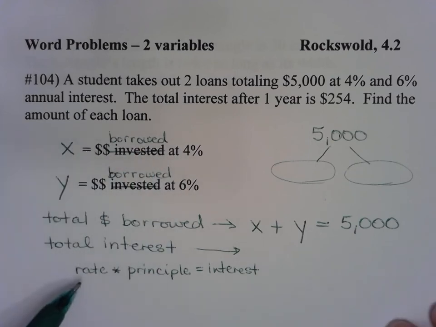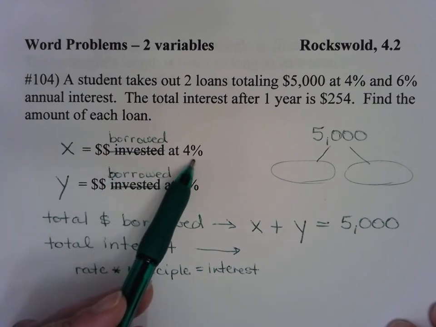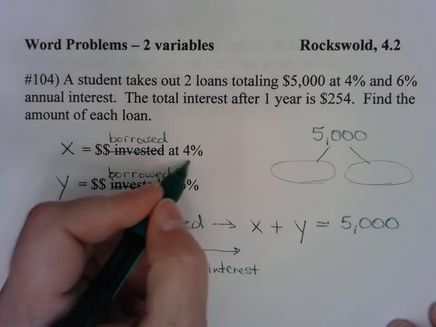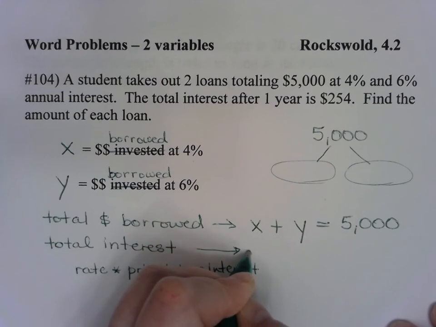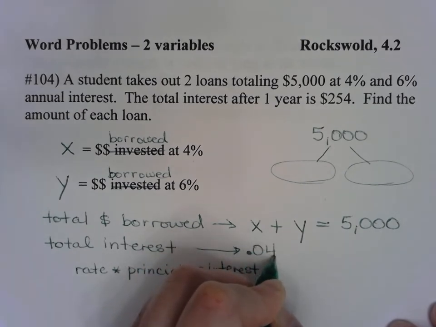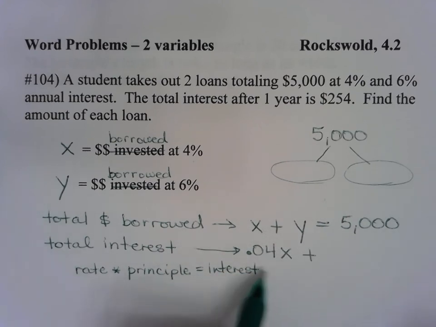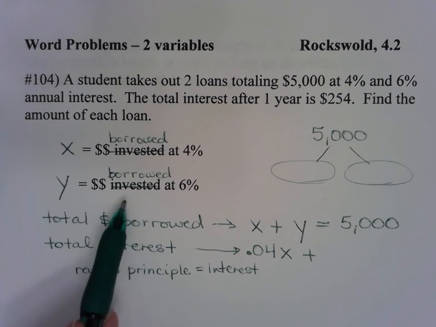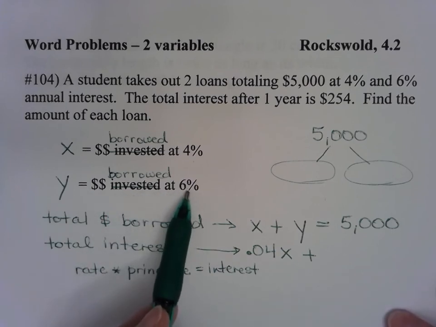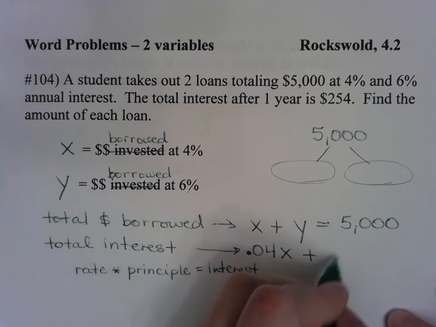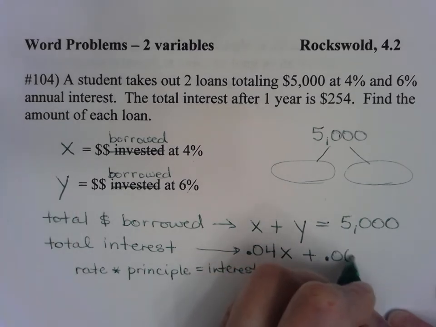So let's put that in. If I write this as a decimal, remember 2 places to the left, that'll be 0.04 is my rate times my principal, which is x. So that calculates the interest for the first loan. I'm going to do the same thing for the second loan. Take my rate times my principal, so 0.06y.